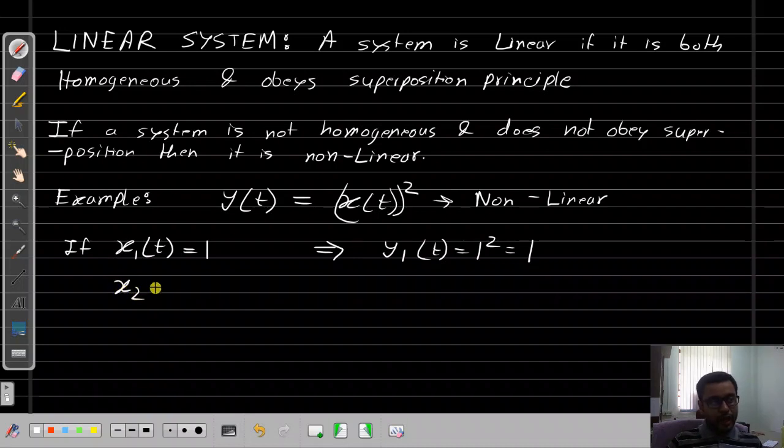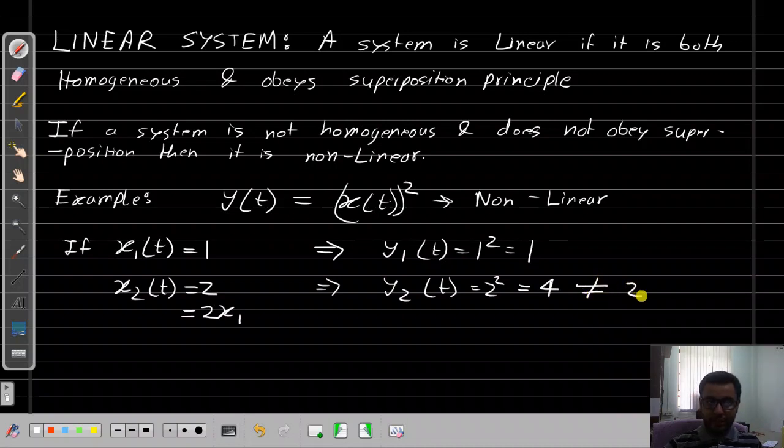But then if you apply another input which is 2, then the output y2 will be 2 squared, equal to 4. Here this is actually 2 times x1, but this is not same as 2 times y1. So this is not homogeneous.